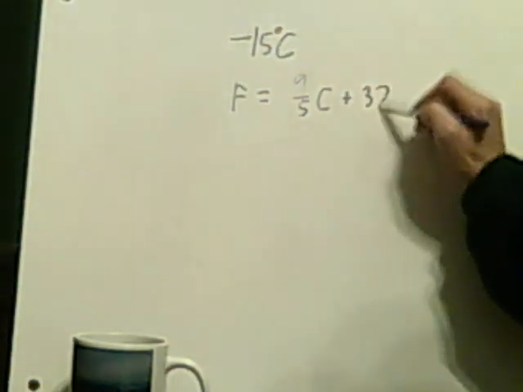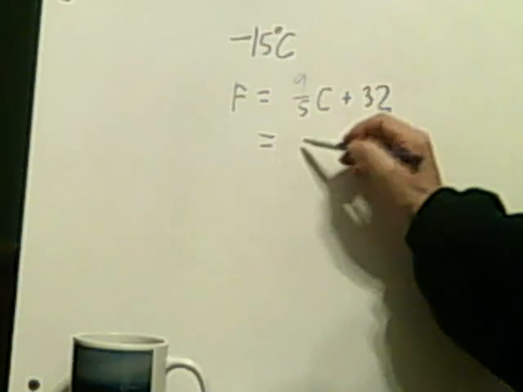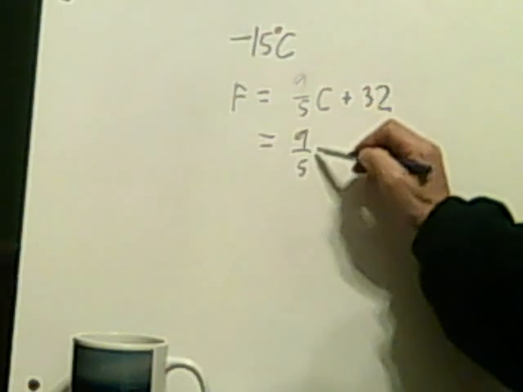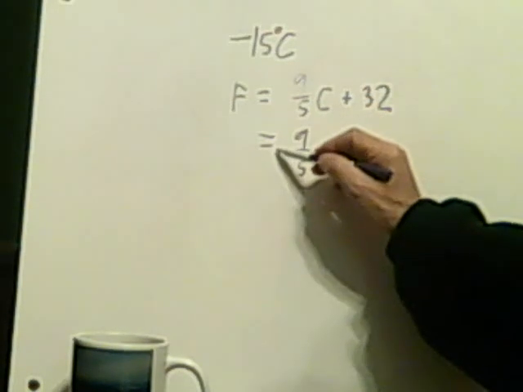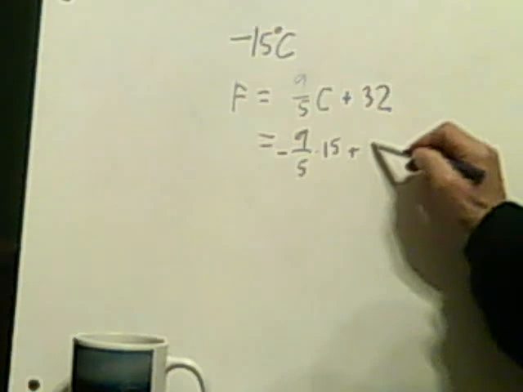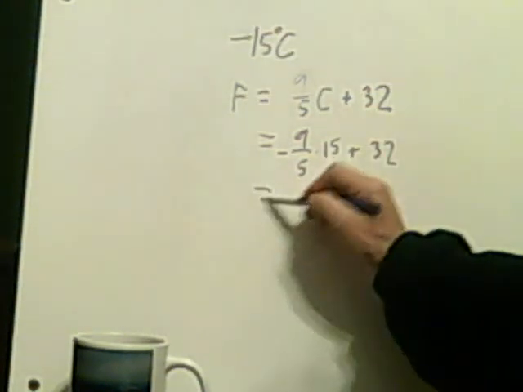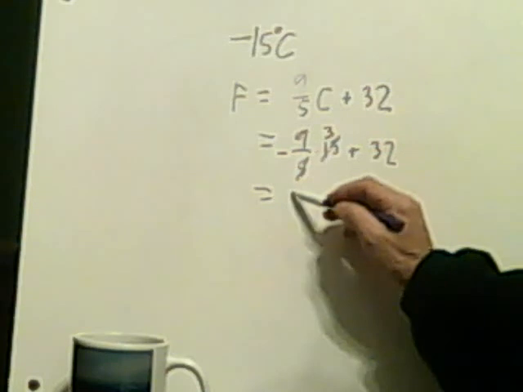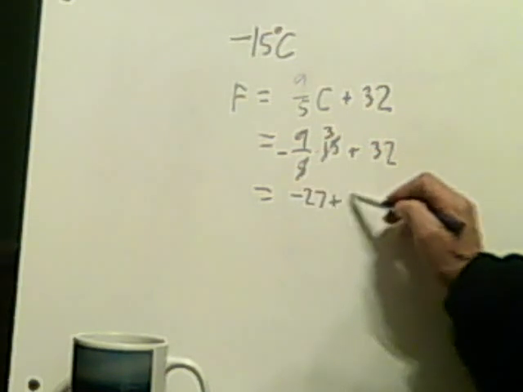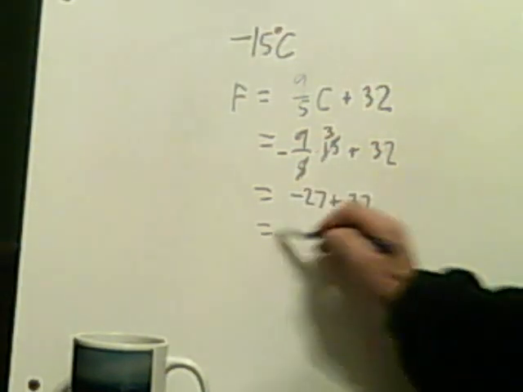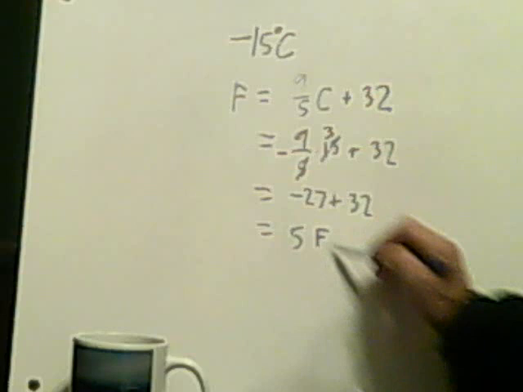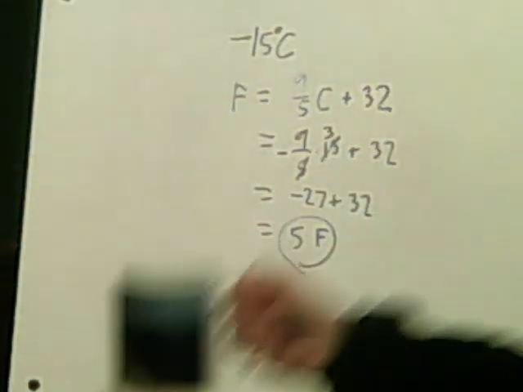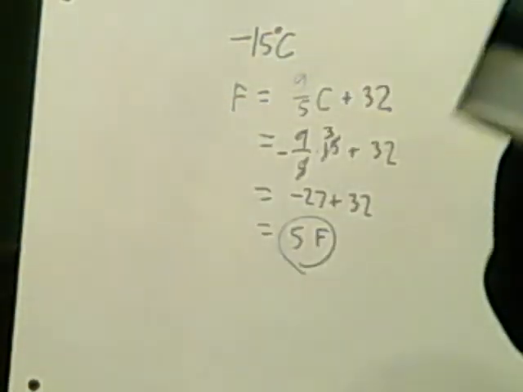It's just a formula, so we're just going to plug it in. 9 over 5 times negative 15 plus 32. And this we're going to be able to work out because this 5 and that 15 will cancel each other to produce a 3. So it's minus 27 plus 32, which is equal to 5 degrees Fahrenheit, which of course is a very cold temperature. If you've ever been out in 5 degrees Fahrenheit, you'll know that that's cold.